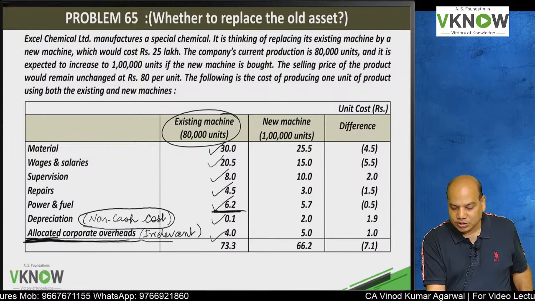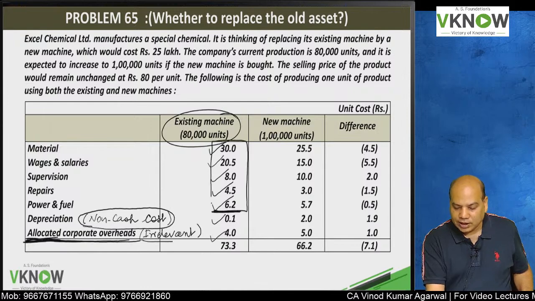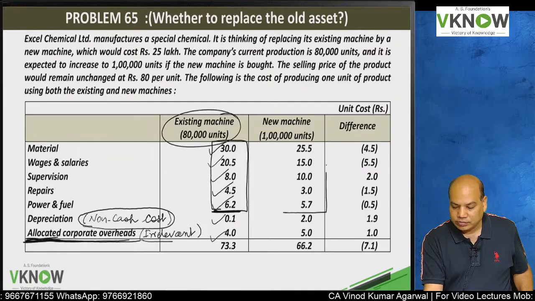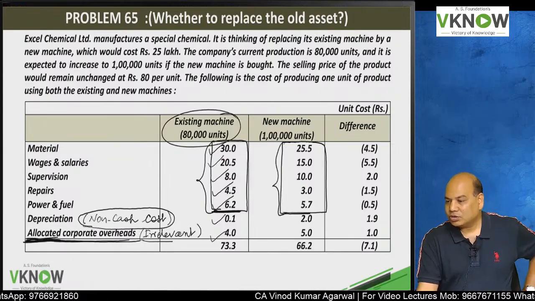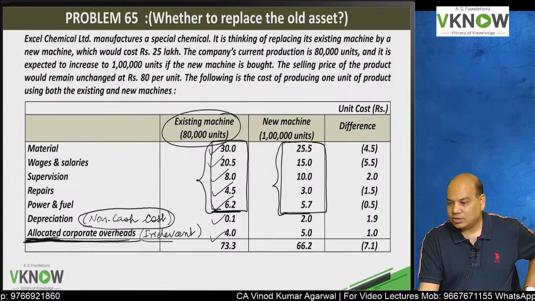So really speaking, what is my cash cost per unit? Can you please tell me the total of these first 5 numbers only? Cash cost per unit, depreciation is non-cash cost, allocated corporate overhead is irrelevant.